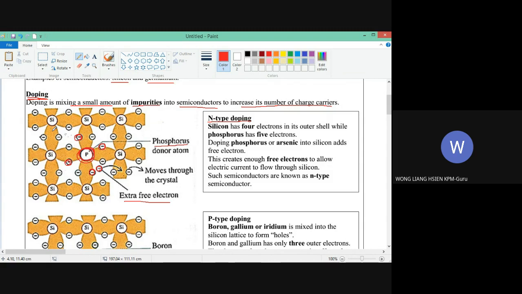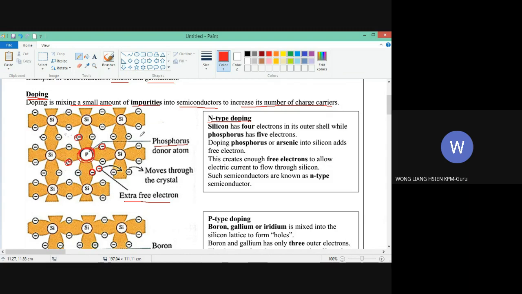You see or not? Of course this is not doped with only 1 phosphorus atom. Let's say over here also has phosphorus, here also has phosphorus, phosphorus mixed together with the silicon. So that means the number of free electrons in the silicon semiconductor increases.